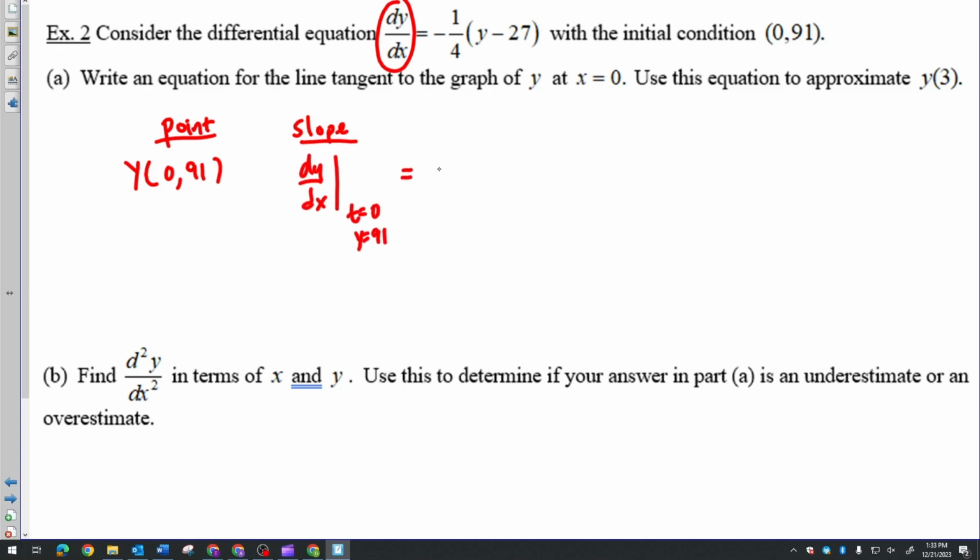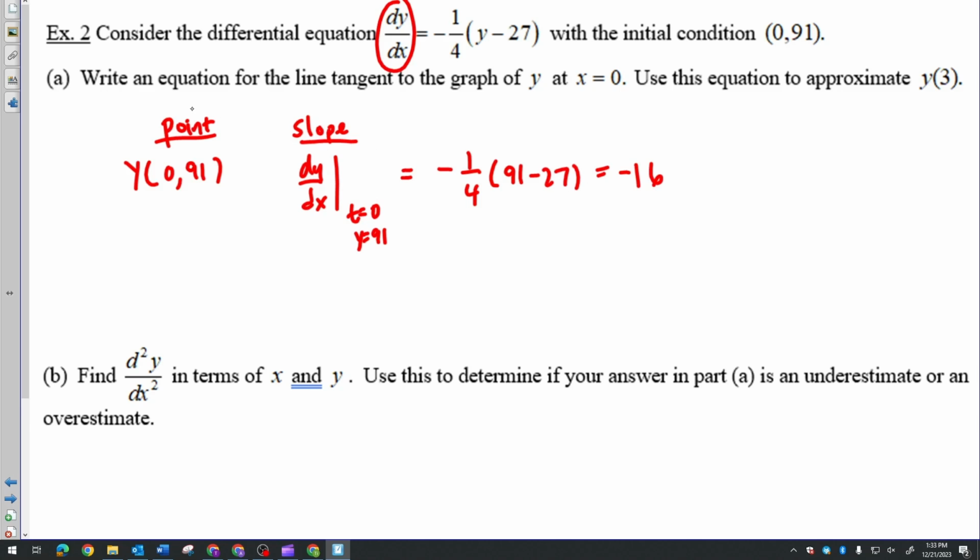So this is going to be negative 1/4 times y, so it's going to be 91 minus 27. Put this into my calculator. I'm not showing it on the screen, but 91 minus 27 is 64. And if I divide that by 4, I get negative 16 here.